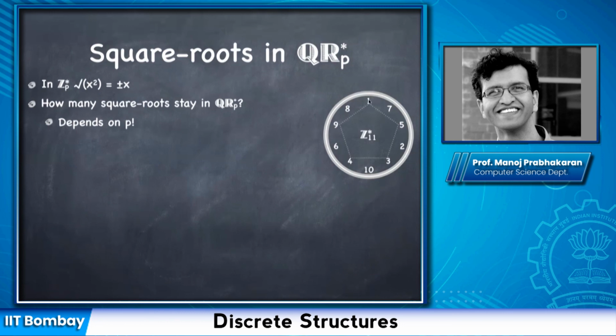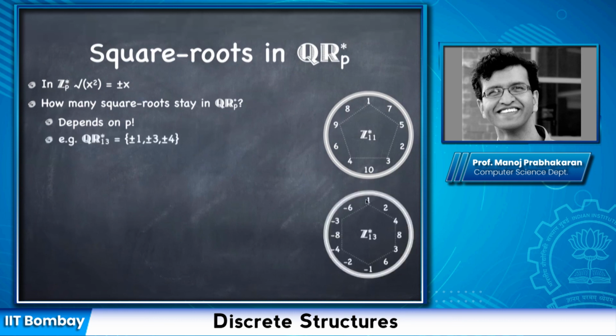When you multiply by minus 1, you go halfway around in this clock. So if you multiply 5 by minus 1, you get to 6, because 5 plus 6 is 11, and so forth, right? So what you're seeing here in the second half of the clock is the negatives of the first half. And in this clock, only one of 5 and 6 is a quadratic residue, and the other is not.